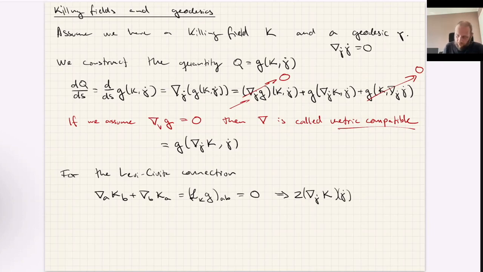Actually, let me write it out instead. So what this means, let me write it like this: 2 k_b, then gamma dot a, gamma dot b, essentially, equal to 0.